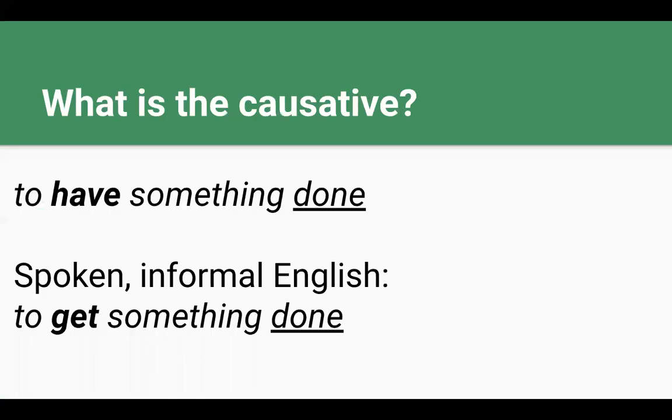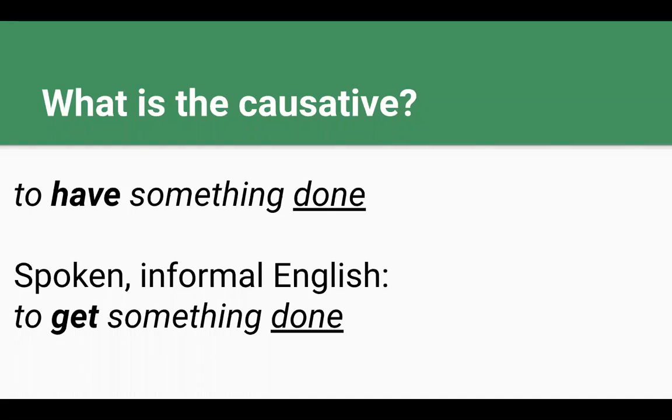The causative is a structure that you can use in English when you want to say that you didn't do something yourselves, but someone else did it for you. For example, because you didn't want to do something, or simply because you cannot, because you're not a professional, or when you're not skilled enough. And the sentence, I had my hair cut, is probably the most popular example to demonstrate how the causative works.